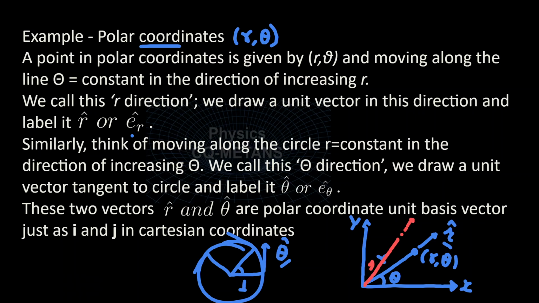So the unit basis vector r cap does change as the position of the particle changes. Similarly for theta: when the particle was here, the direction of theta cap was tangent in this way.